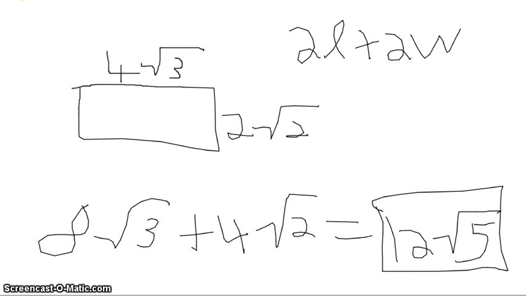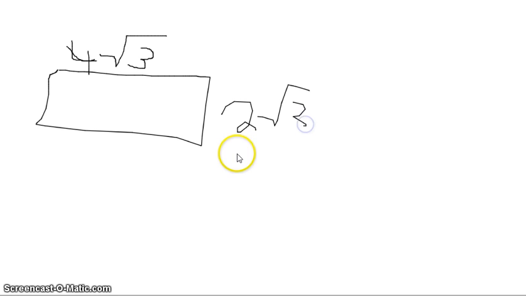Okay, let's just do this. I got the rectangle again, with 4 radical 3 and 2 radical 2.